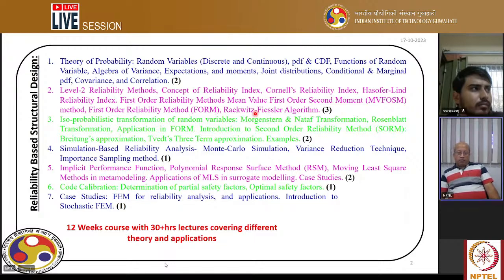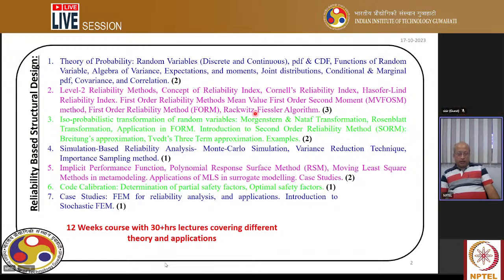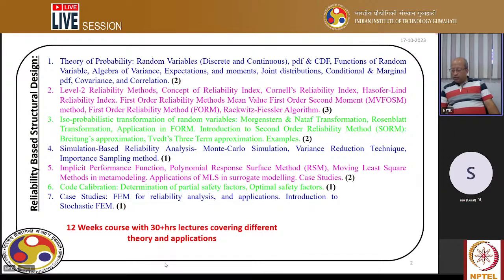The moment we try to incorporate the curvature, we get the second order reliability method. For that, we have two options, Breitung and Hohenbichler. It is a modification of the original gradient-based algorithm, where we incorporate the curvature and improve the estimates of reliability.